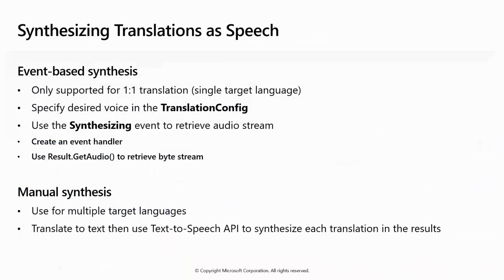In order to do this, in the translation config, we need to choose the voice you want to translate speech with, then make an event handler for the Synthesizing event of the TranslationRecognizer object, and then use the GetAudio method of the result parameter in the event handler to get the byte stream of the translated audio. Depending on the programming language you are using, the code you use to set up an event handler will be different.